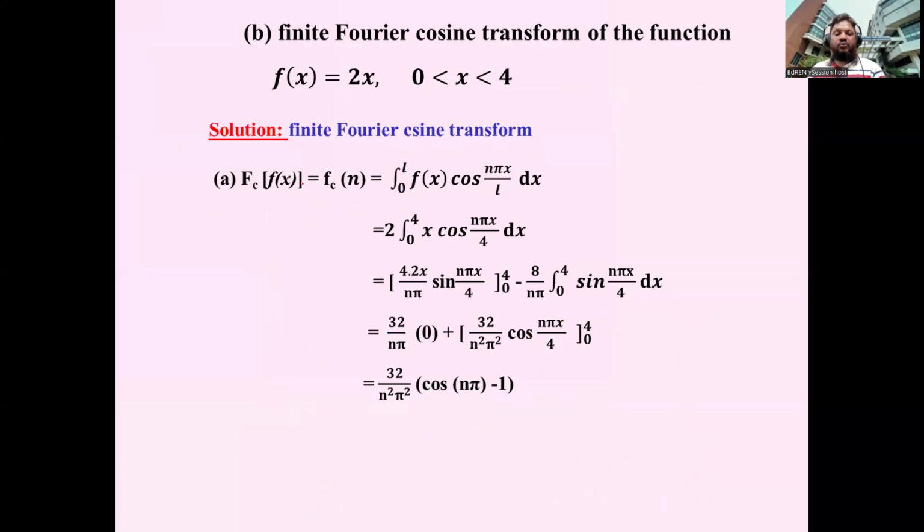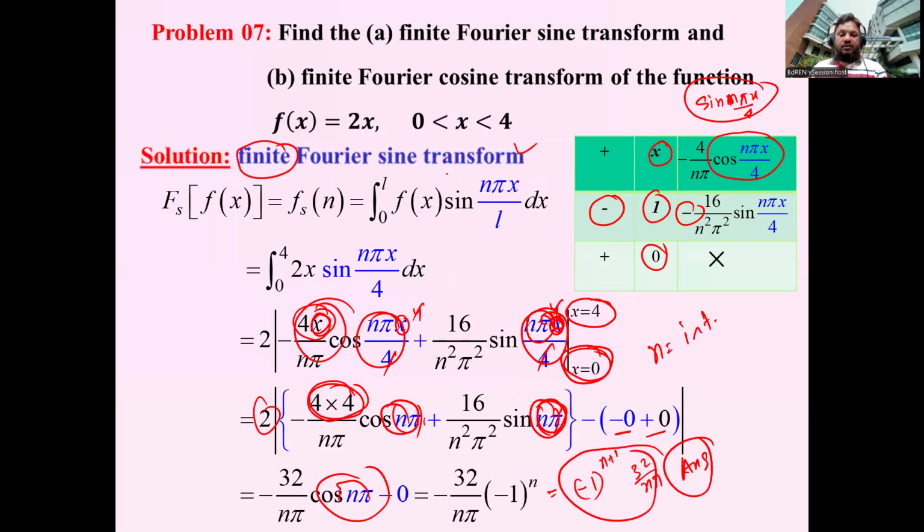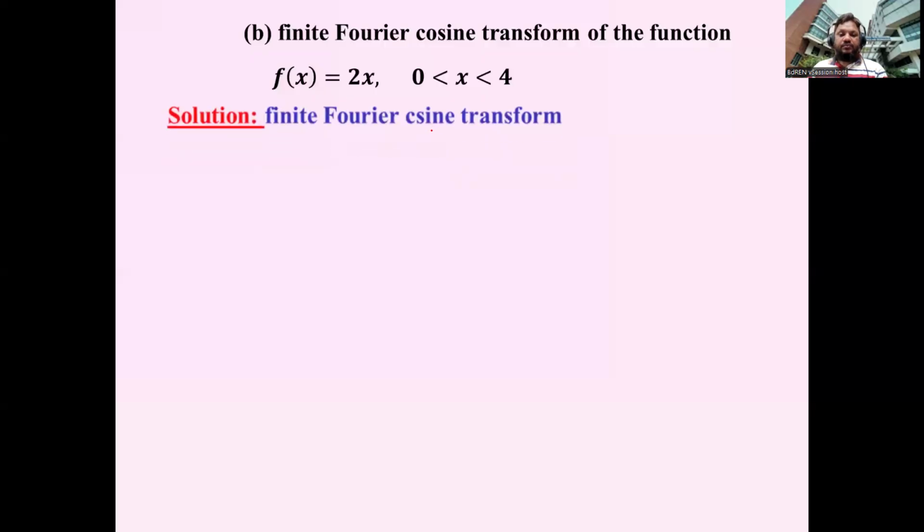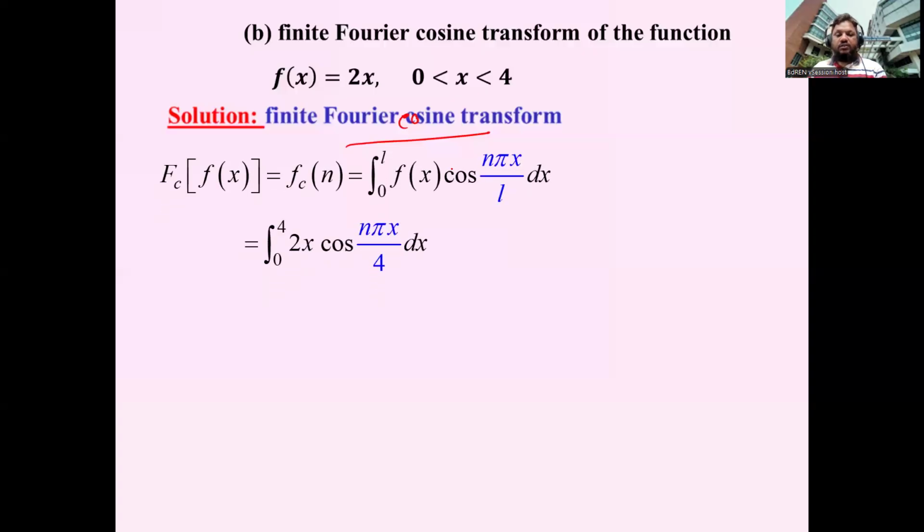Similarly, we can find the finite Fourier cosine transform, using the definition from 0 to L, where L is 4 here, and f of x is 2x.